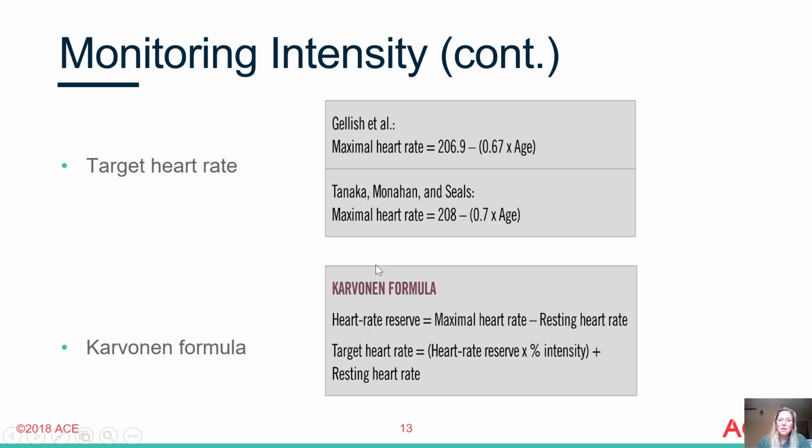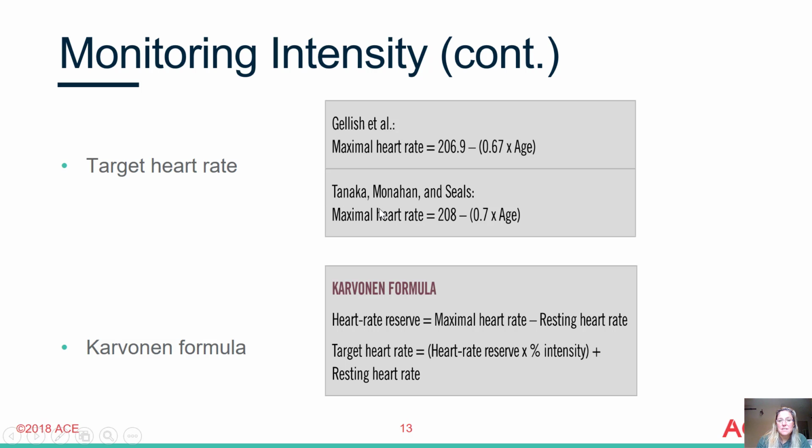So using this 220 minus age formula, we tend to see a larger standard error of estimate. Research is now finding that if we use the target heart rate formula from Gellish et al., which is 206.9 minus, we do the math in the parentheses, 0.67 times your age.